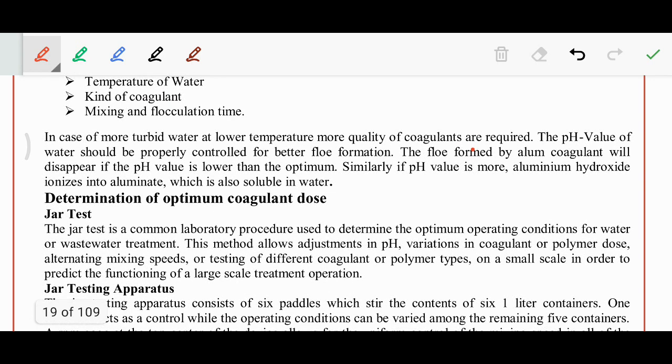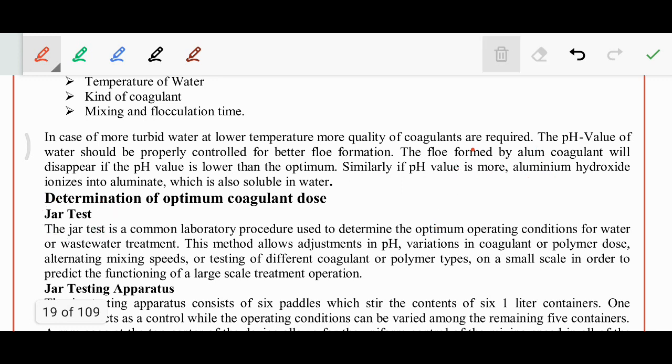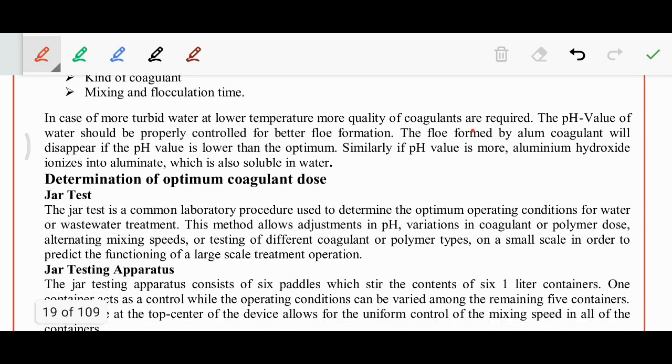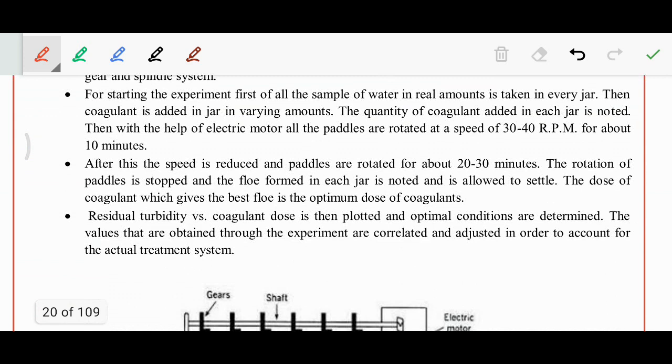Now we'll see a laboratory experiment to determine this optimum coagulant dose. The test name is called the jar test, and the apparatus which is used is called the jar test apparatus. We'll try to understand this with a figure.